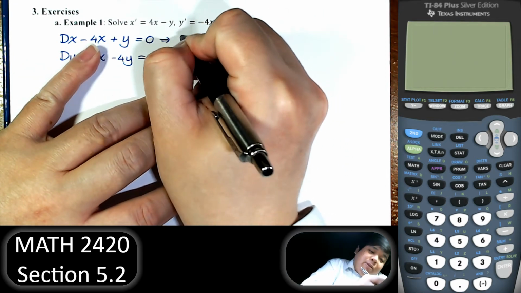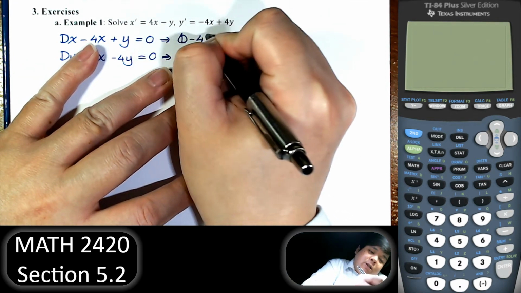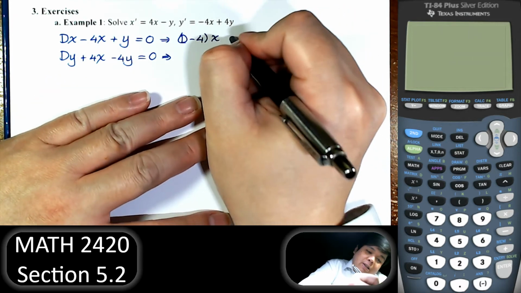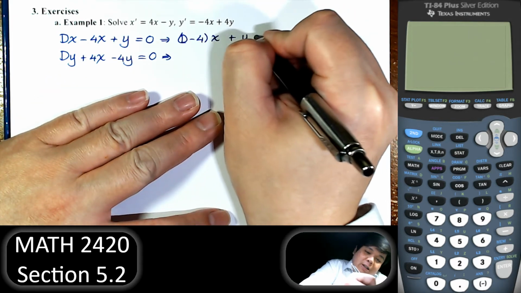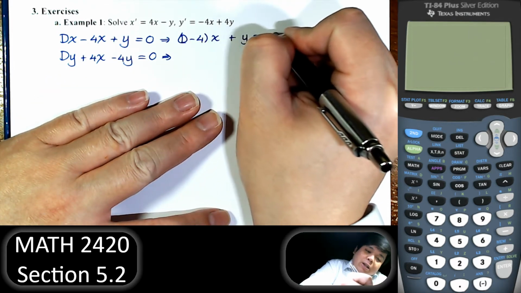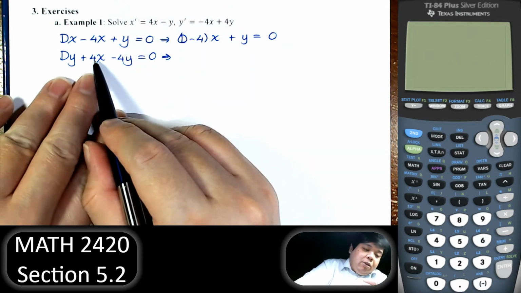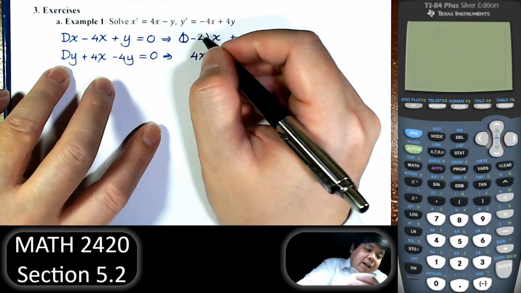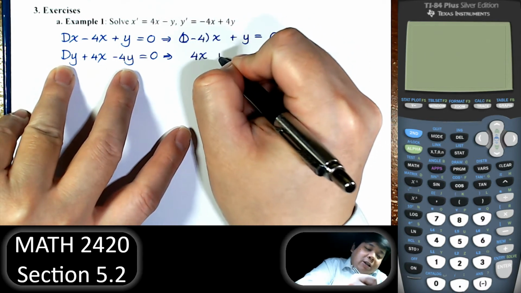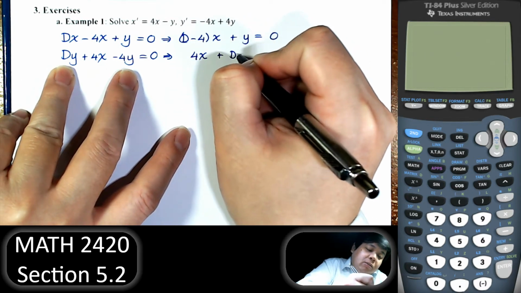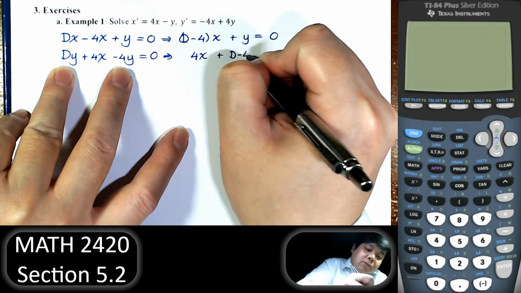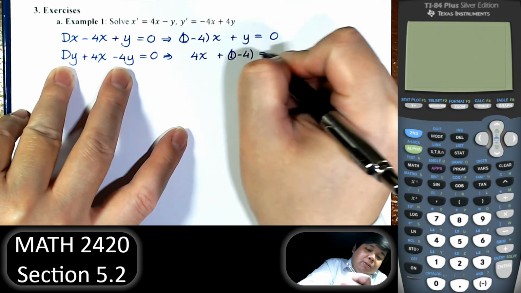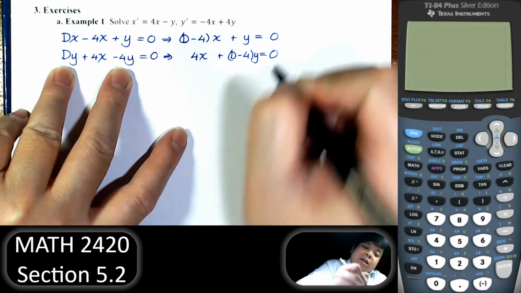We have D minus 4 times x plus y equal to 0. Now here we just have 4x. And then factor out the y here.